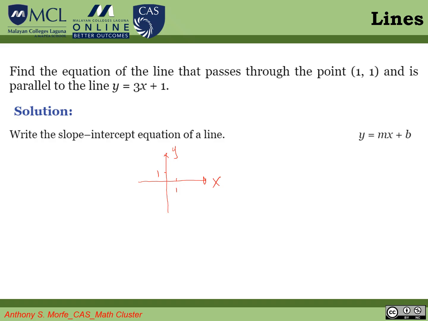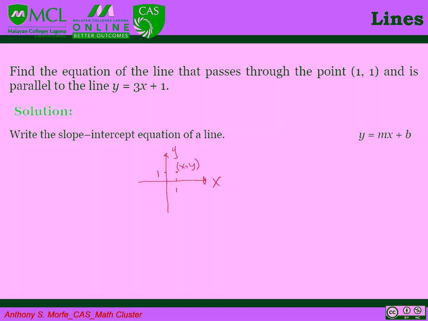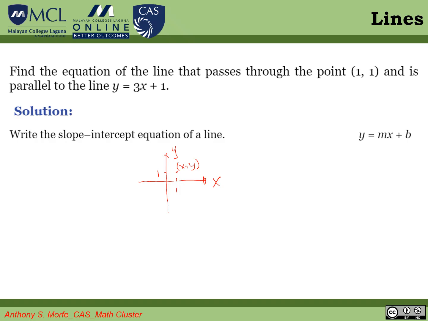So the coordinates of that point are x and y. What we need to do is just write the slope-intercept form, y equals mx plus b. Okay, so we are given line 1.